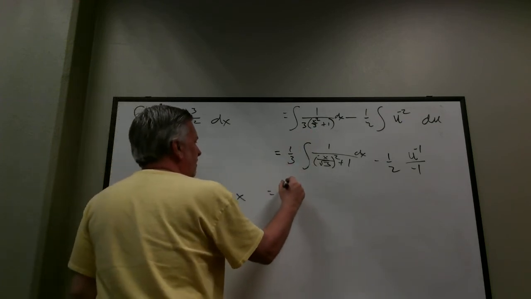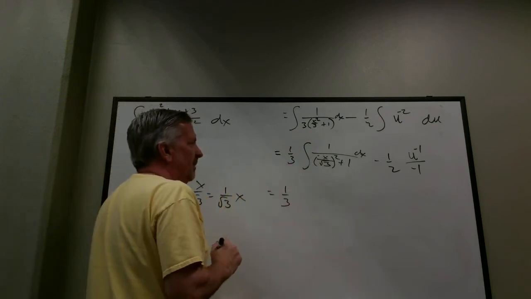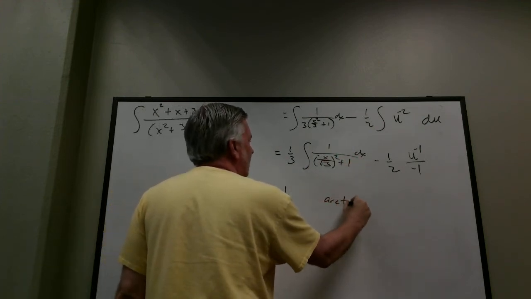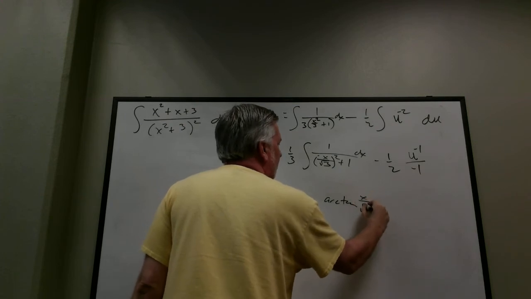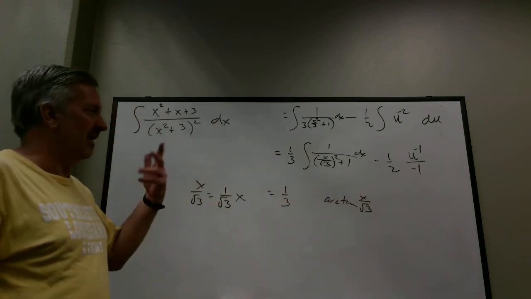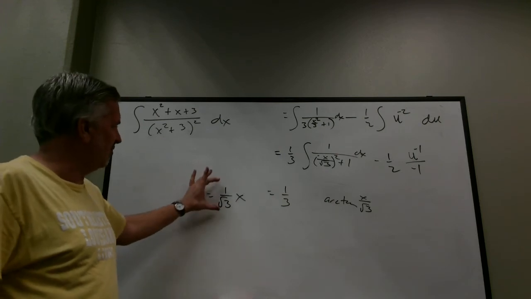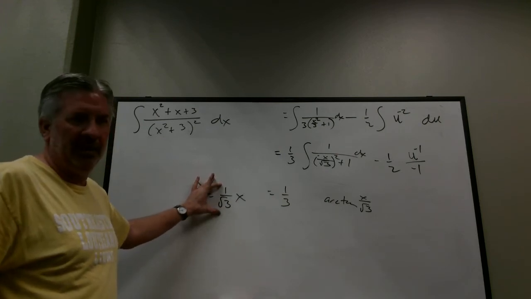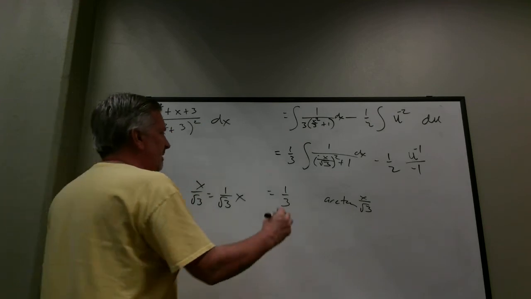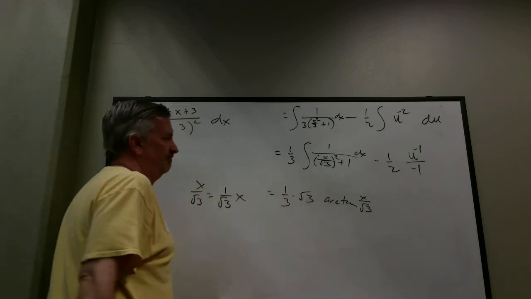So I have this 1/3 out front. You have 1 over u squared plus 1 is arctan u, so it's going to be arctan of x over root 3. But then remember, it's a linear substitution. You have to adjust for the slope. The slope is 1 over root 3. You have to take 1 over that. 1 over 1 over root 3 is root 3.